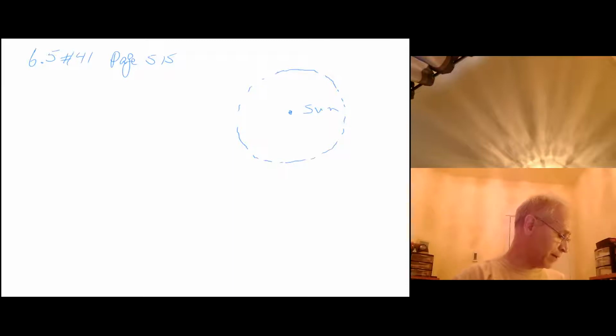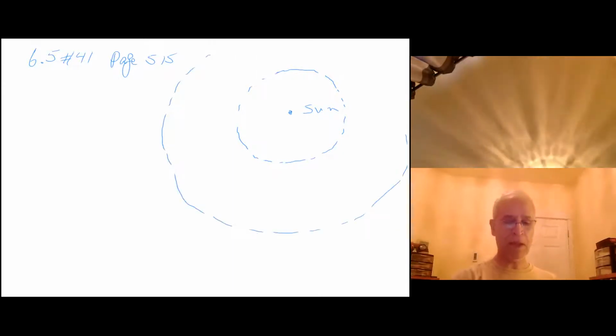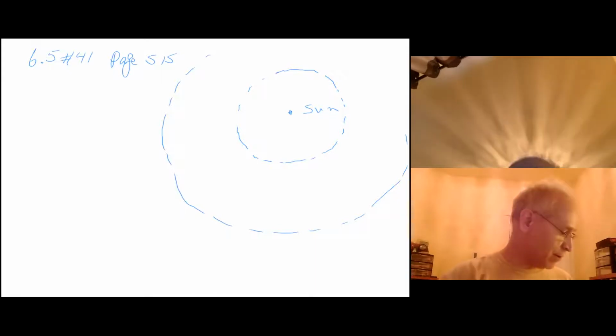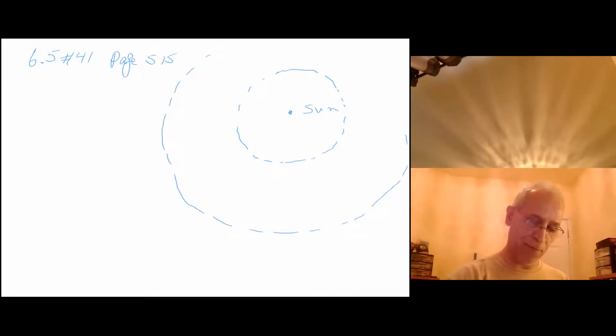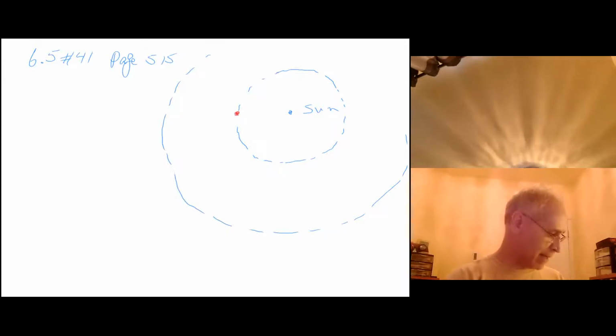And farther, here's the Earth, way down here somewhere, going around. Venus is somewhere around here, and then it rotates and goes somewhere in here.